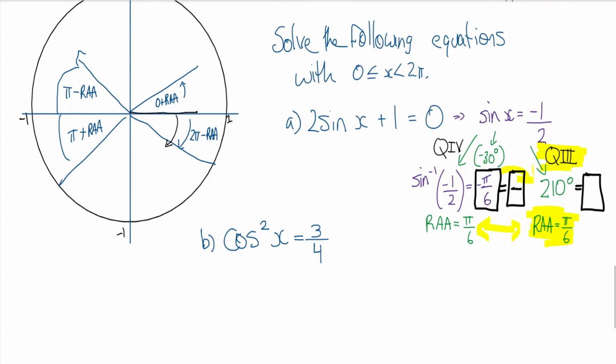So this needs to be 330. How do we do that in radians? There's going to be a pi in there. What is it going to be?